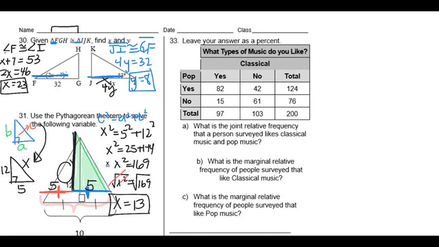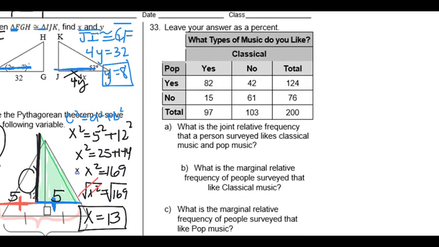Number 33. They're asking us to find the joint relative frequency. So when you're trying to find the joint, you're going to use these numbers and the 200 at the end. So we need to find out where someone likes classical and pop at the same time. So if you look at the graph, yes, they like classical.